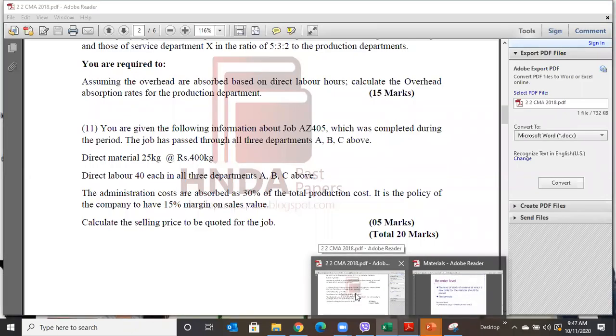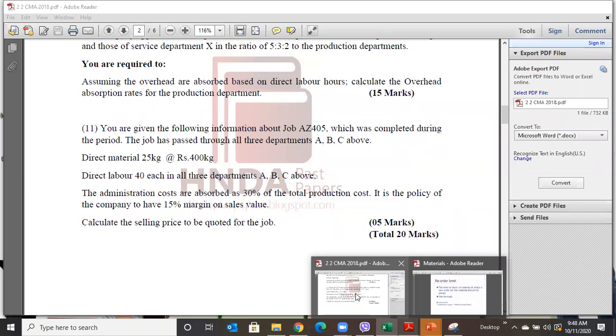Direct labor 40 each in 3 departments. Maybe the cost has not been given. Let's see.